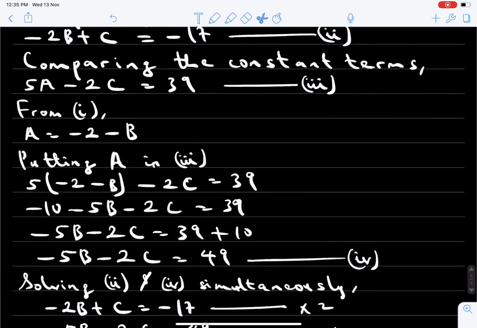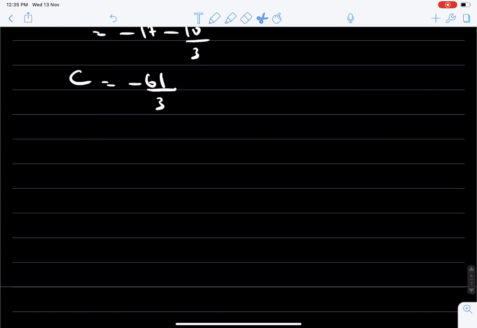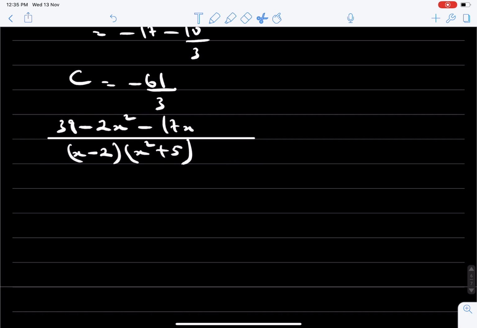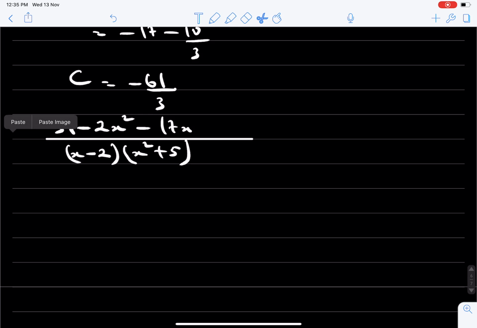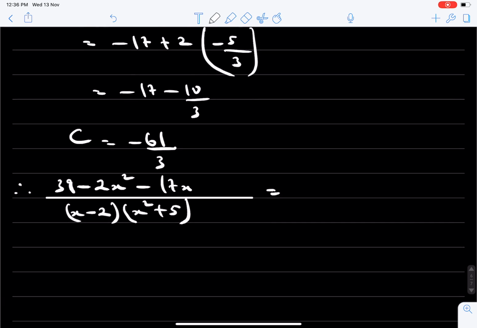So we can copy that here. That is the same as A. What is A?